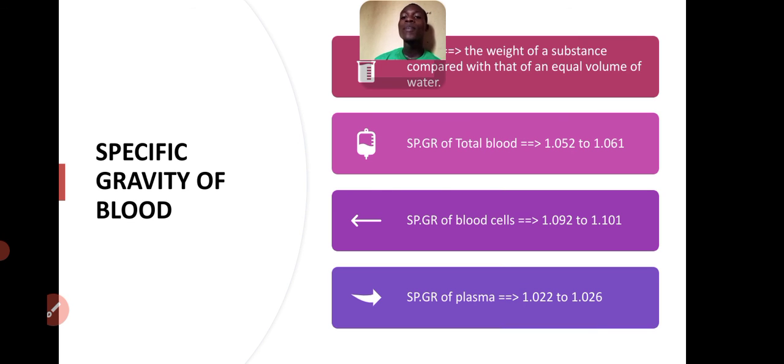Specific gravity of the blood. Specific gravity is the weight of a substance compared to that of an equal volume of water.